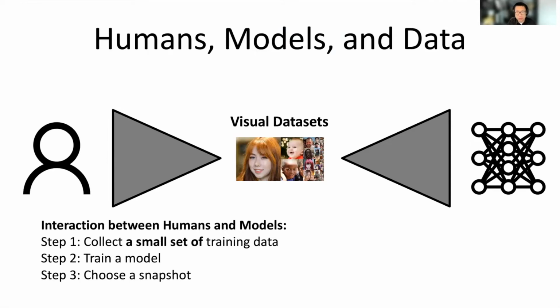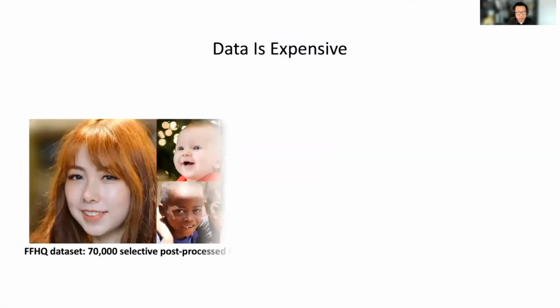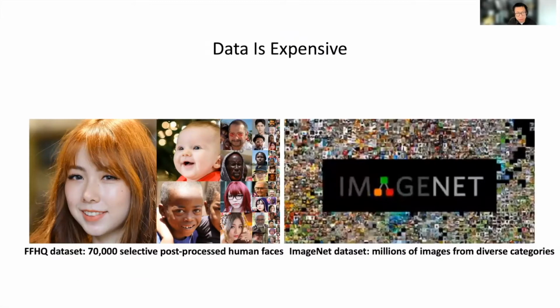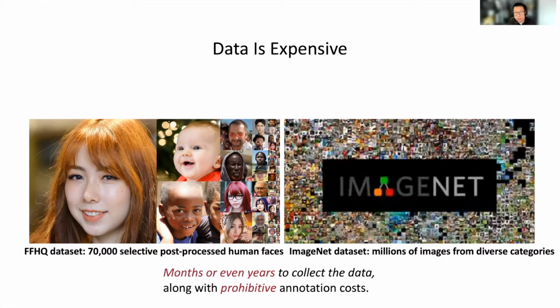So the idea is that data is expensive. To train the model, we need to not only collect the images, but also filter the images and process them, aligning their faces. It often takes months to years to prepare this data set, and that's not scalable if anyone wants to create a generative model by themselves.